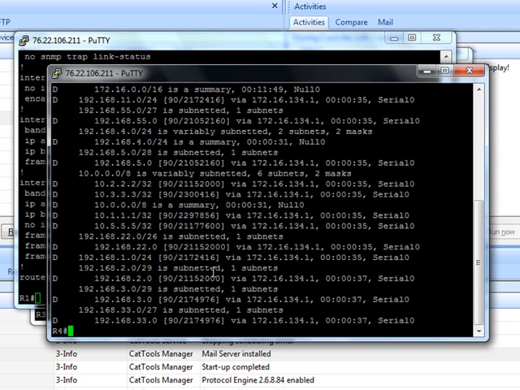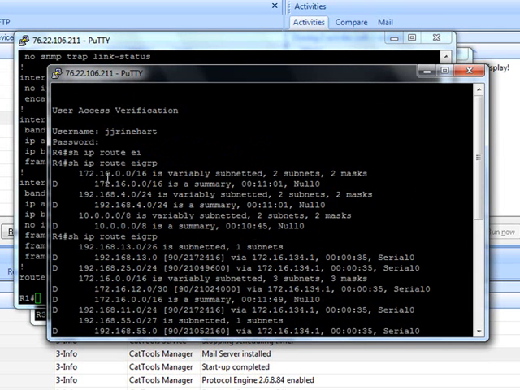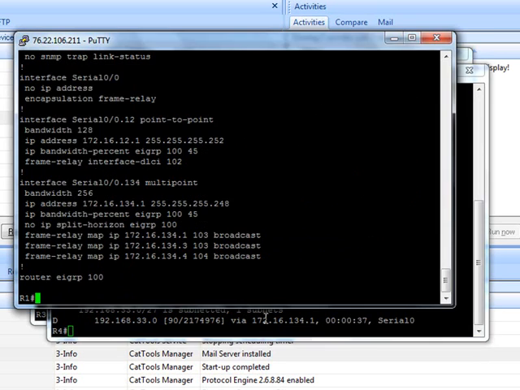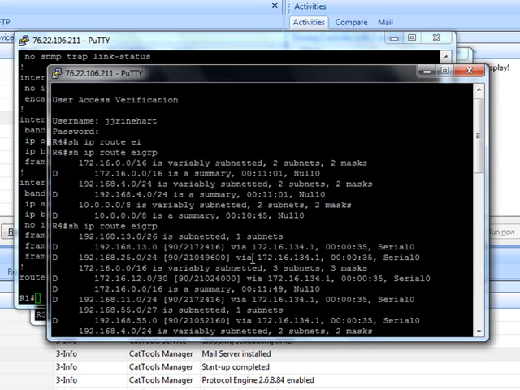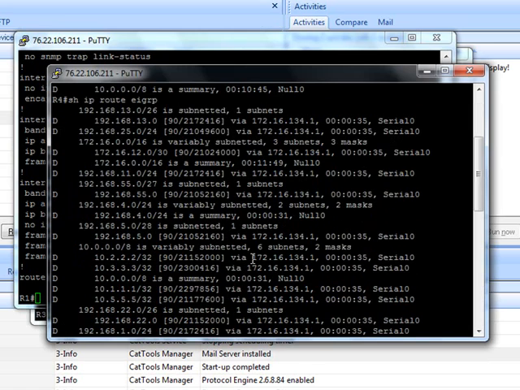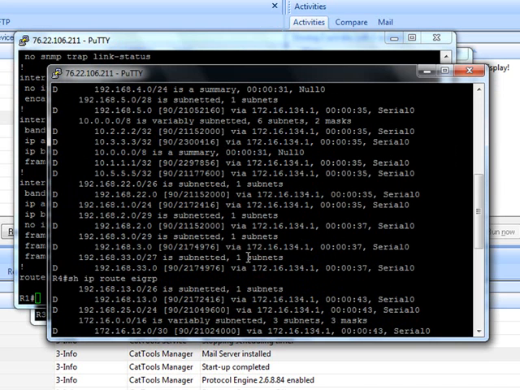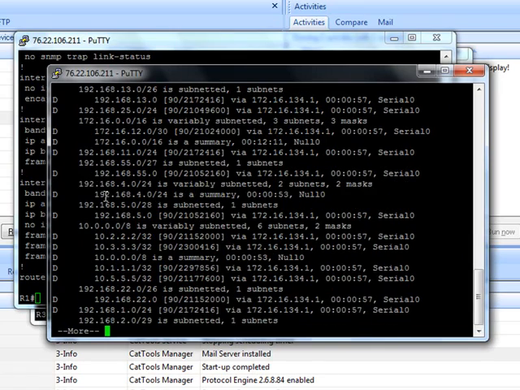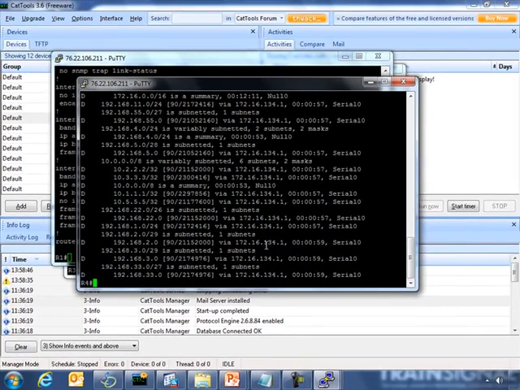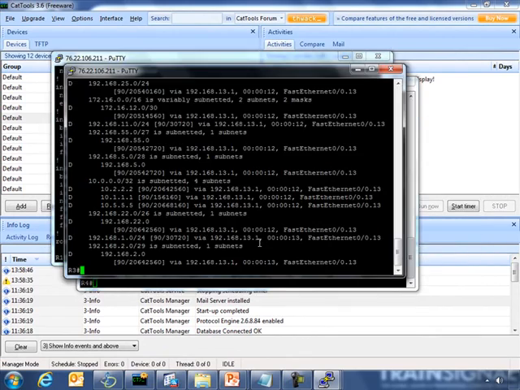Now you see that R4 is actually getting the table, whereas before it only had this many entries. Now it's listing things out the way it's supposed to. And that's a good example of the things that can happen with split horizon. You can end up losing routes and things not going the way that you expected.